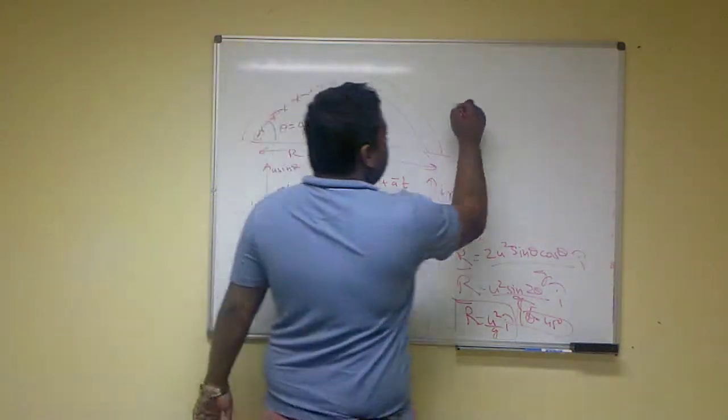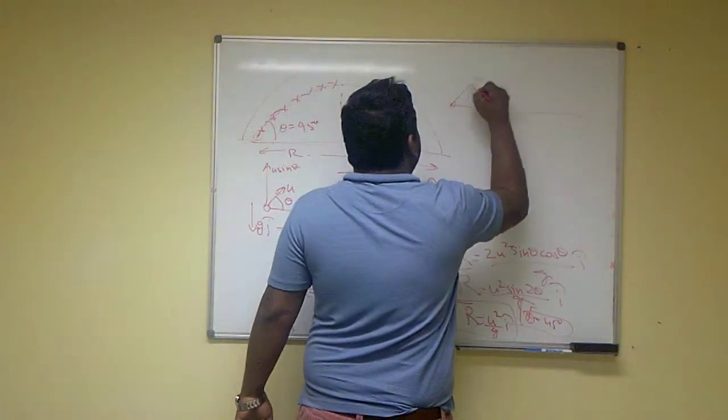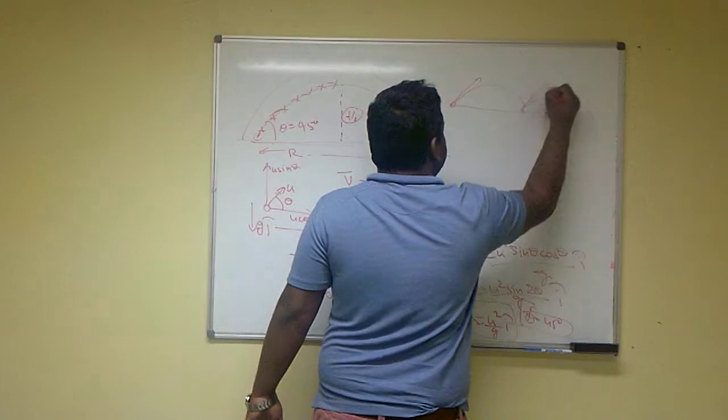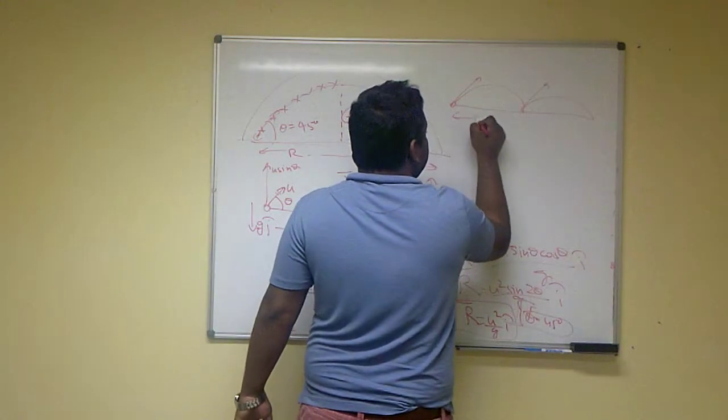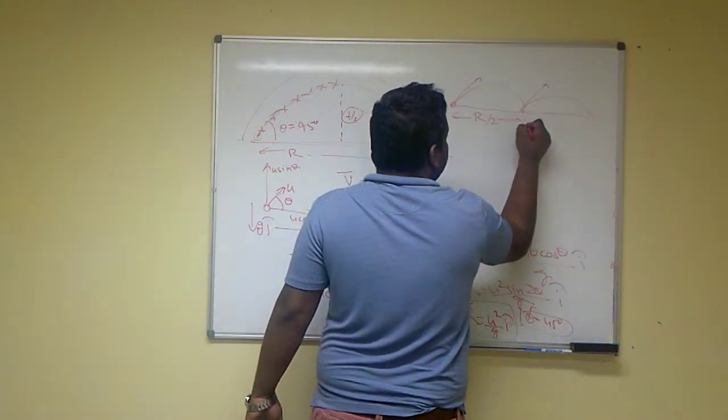And basically what our friend was talking about is that there are two projectile motions which cover the same distance in r by 2 notion.